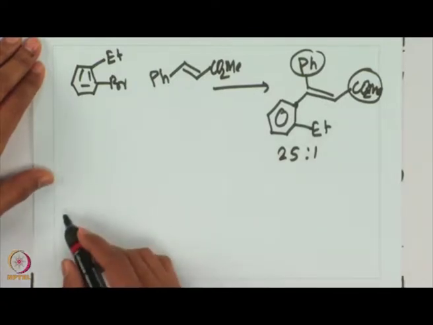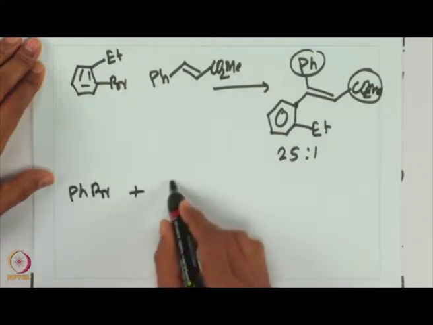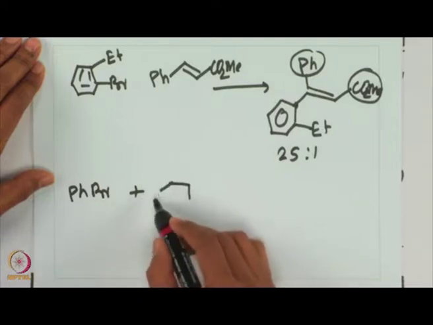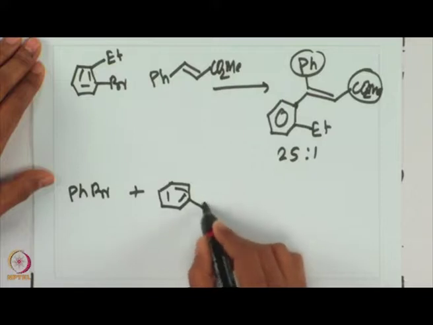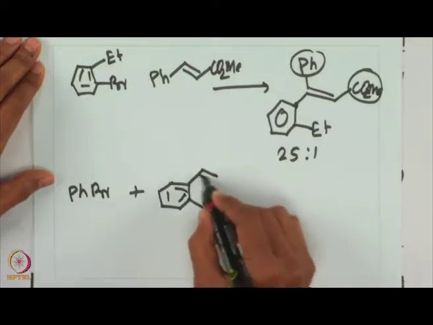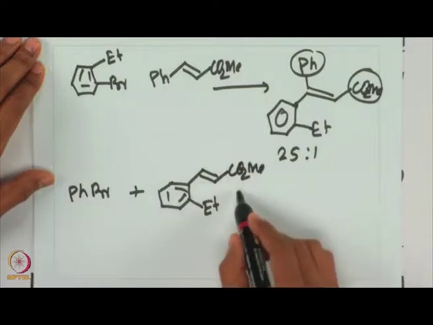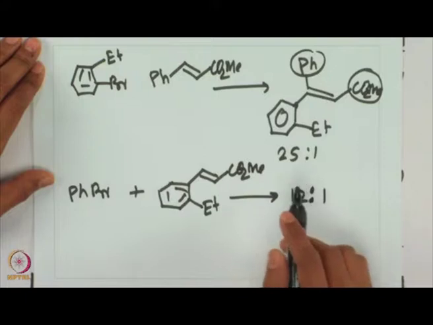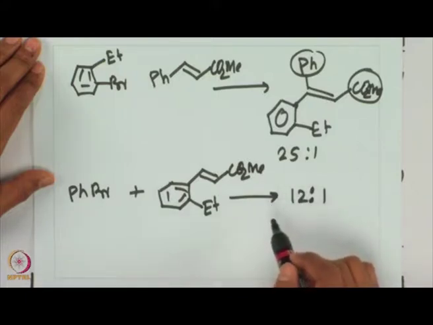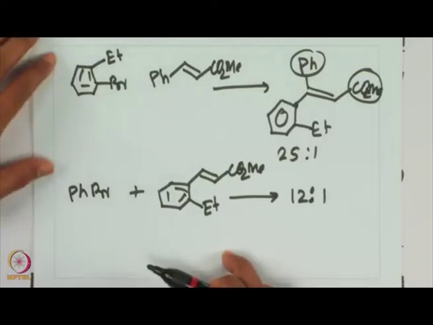If we take the phenyl bromide during this reaction, what we get is 12:1 selectivity, and in this case the selectivity is under thermodynamic control. We take the other one, where we get 12:1 selectivity with respect to the product formation, but in this case you see it is the other way around.